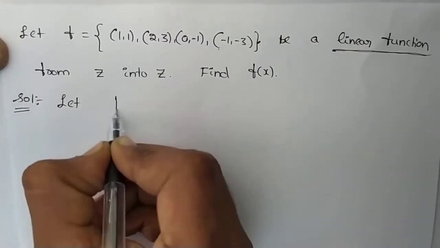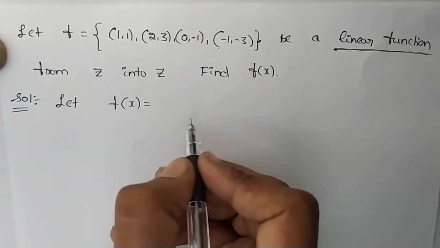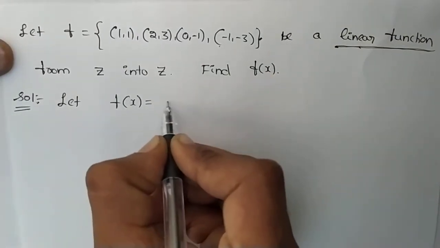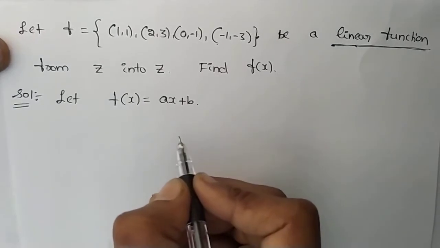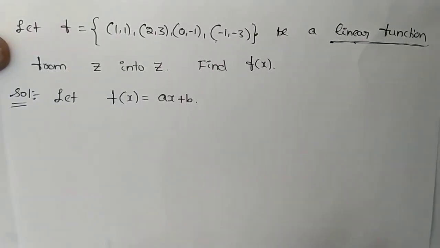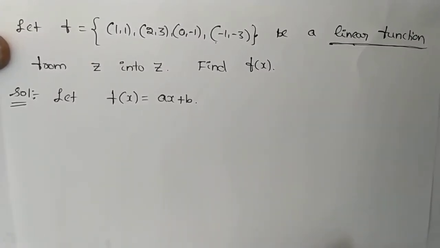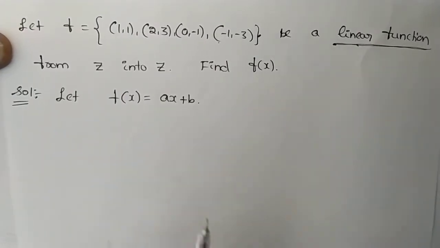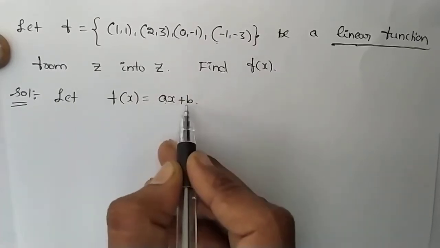Let us define a linear function. We will define a linear function like this: f of x equals ax plus b. We know that a linear equation is ax plus b. Similarly, a linear function will be in the form f of x equals ax plus b.